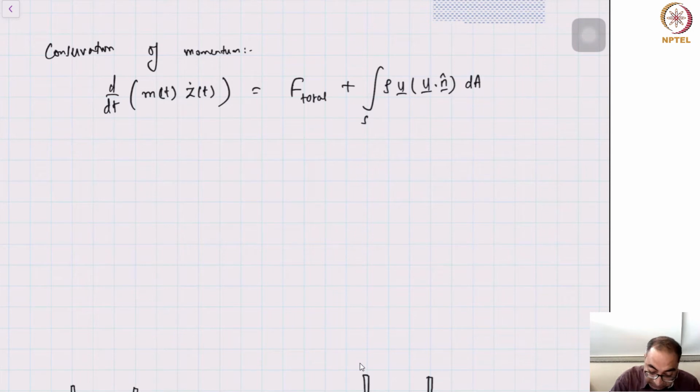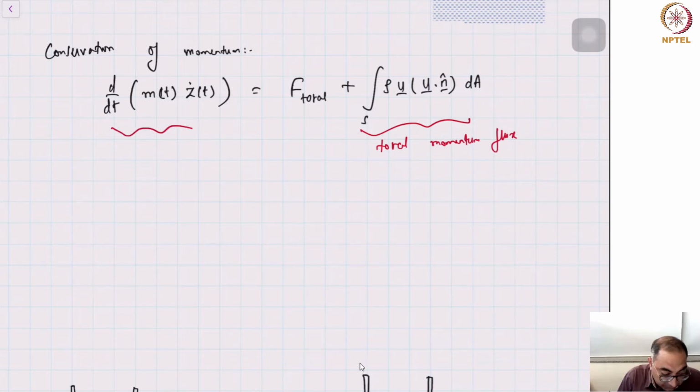Now this last term that you see here is basically the total momentum flux, and the left hand side that you see here is the rate of change of momentum in the control volume.